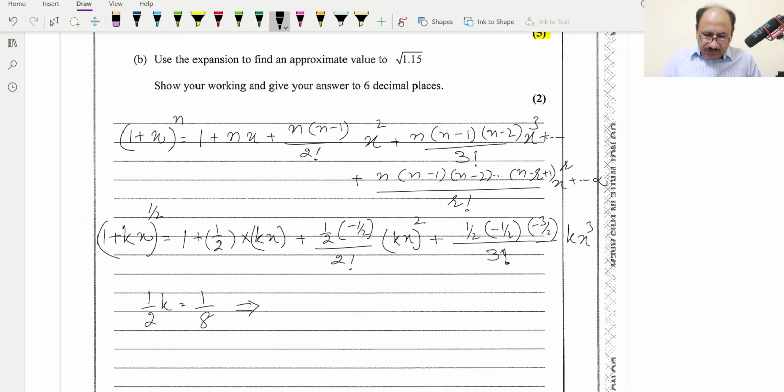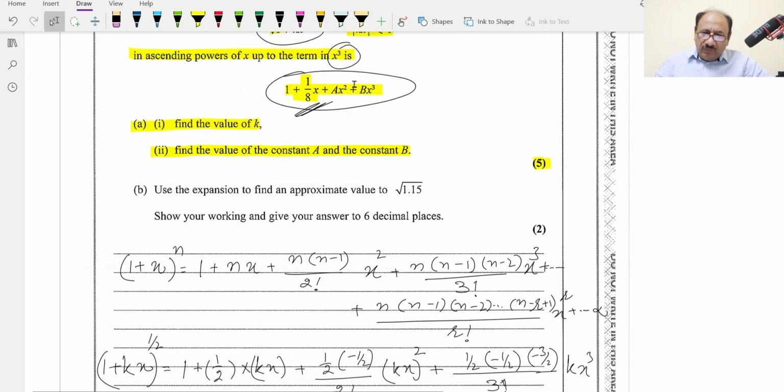This implies k is equal to 2 over 8, which is equal to 1 by 4. So the k value is 1 by 4, and this is the value which we found. Now we can compare a and b also.